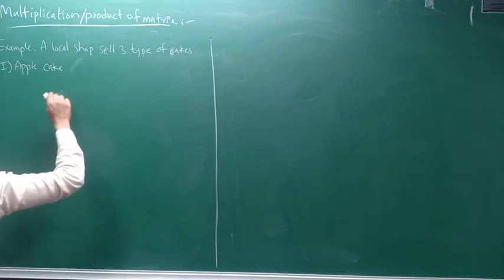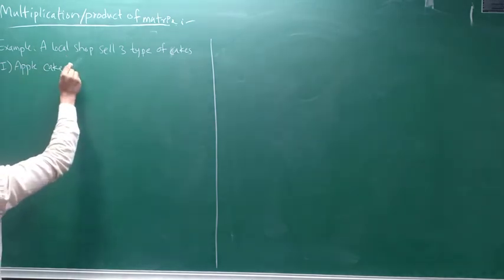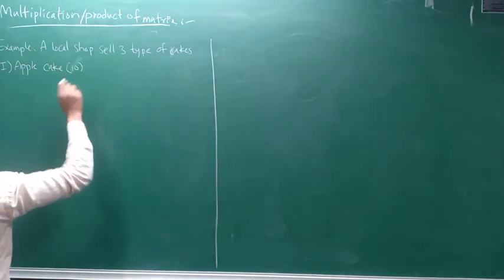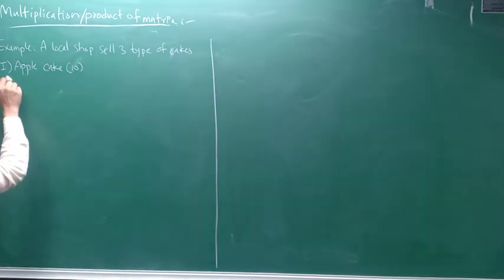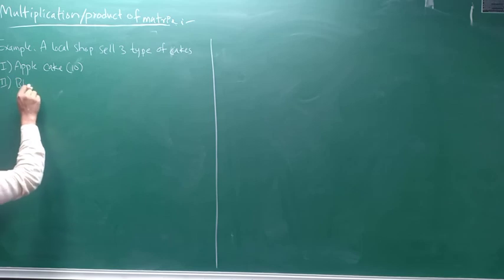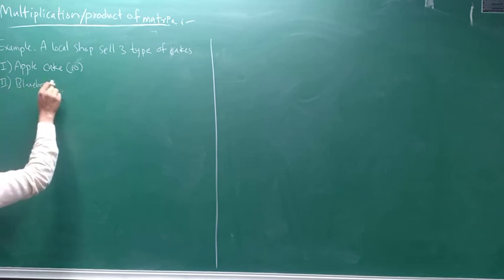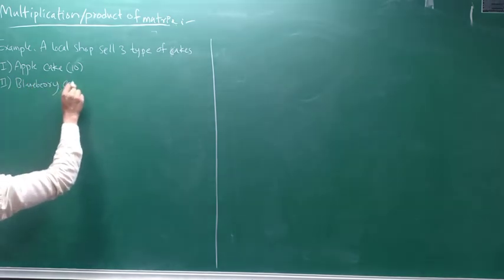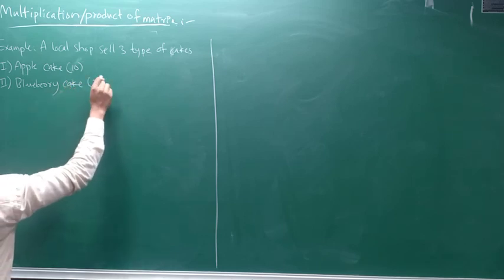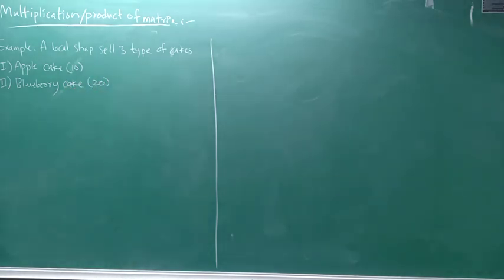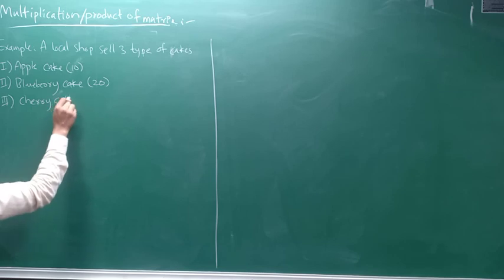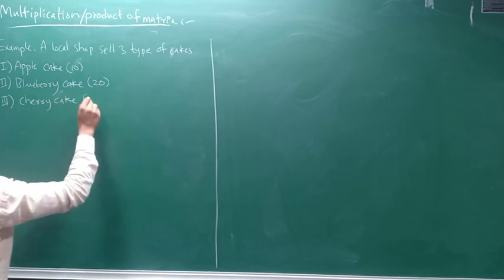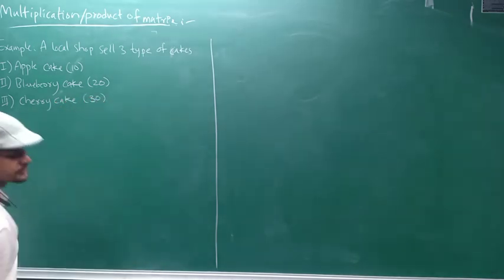The first type of cake is apple cake, that costs 10 rupees, and the second type of cake is blueberry cake, that costs 20 rupees, and the third type of cake is cherry cake, that costs 30 rupees.